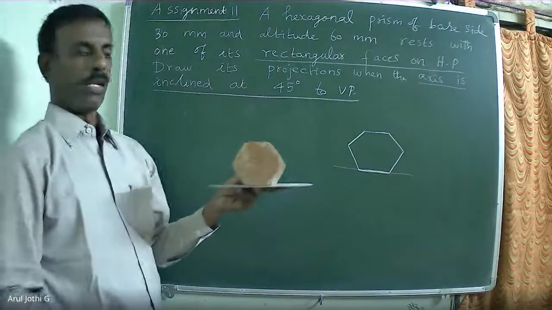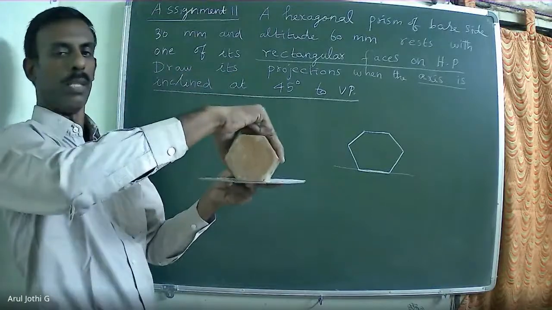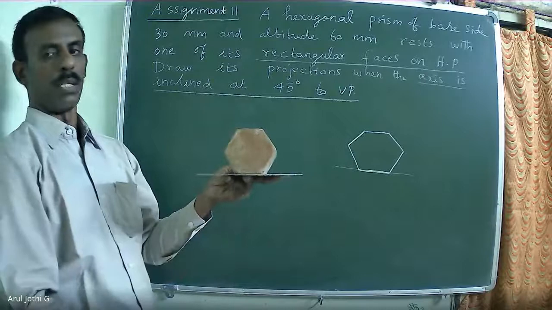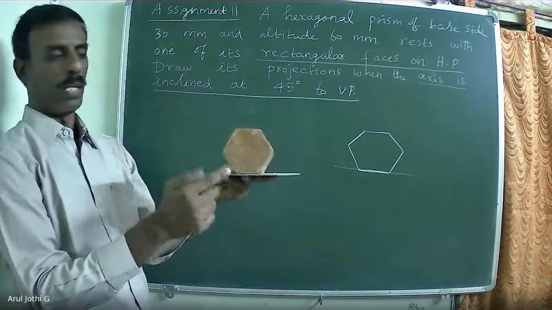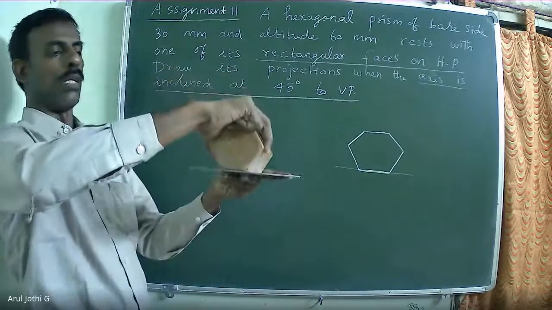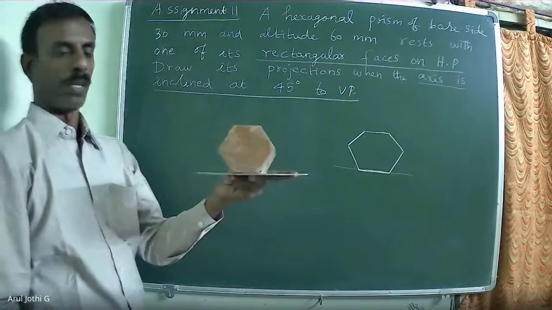Okay. In this position, when one of the rectangular faces is lying on HP, it looks like one of the sides is resting on the XY line. So actually what is lying on HP here? This rectangular surface is resting on HP. So this will be the initial position. Okay.